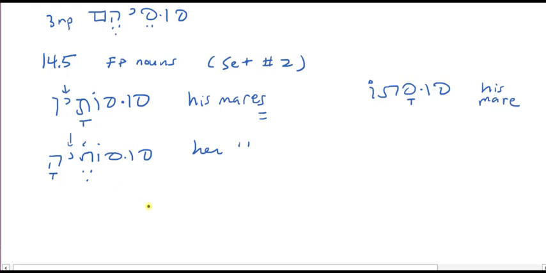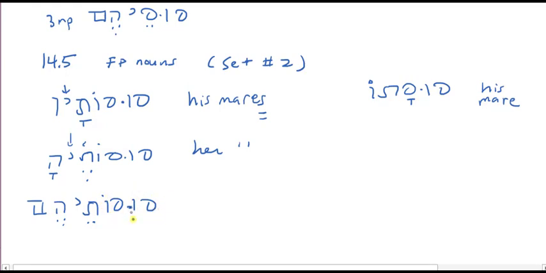And then let's add one of the plural pronouns to this feminine plural form. Let's do their, and we'll make it masculine plural. Susot is feminine plural. Then I add hem. Accent is on the end, way over here. This is open and pretonic. It's got to be long, and it already is. This is open and propretonic. It would reduce to vocal shava, but we can't because it's historically long, and those are unchangeable.